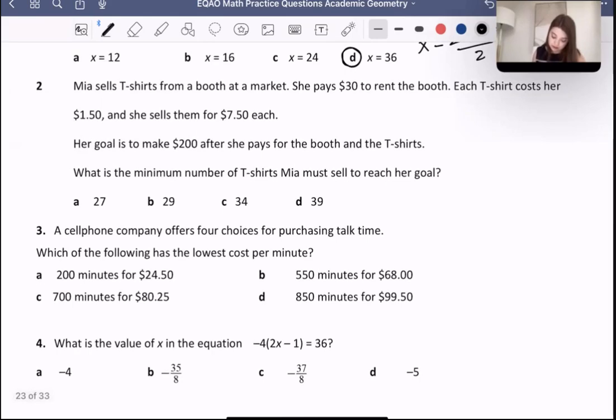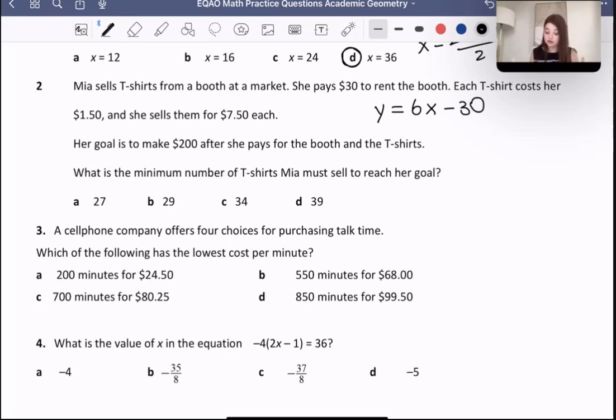so let's see. So, y is going to be equal to $6 times the number of shirts she sells minus 30, right? Because initially she has to pay $30 to rent the booth. And even though she gets $7.50 for each shirt she sells, she also had to pay $1.50 just to get the materials to make the shirts, right?